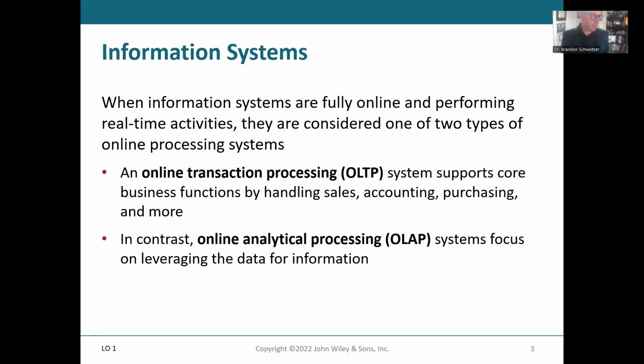In the other type of information system, the online analytical processing, the system focuses on leveraging data for information. An example of this would be Amazon sold this product 1,000 times over the last month.